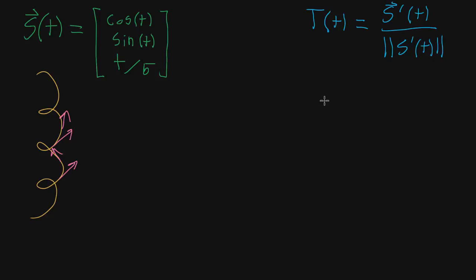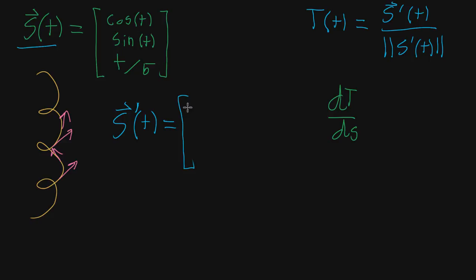And then ultimately, the goal that we're shooting for is going to be to find the derivative of this tangent vector function with respect to the arc length. So as a first step, we'll start by finding a derivative of our parameterization function. So when we take that derivative, luckily there's not a lot of new things going on. Let's see, derivative, so s prime. From single variable calculus, we just take the derivative of each component.